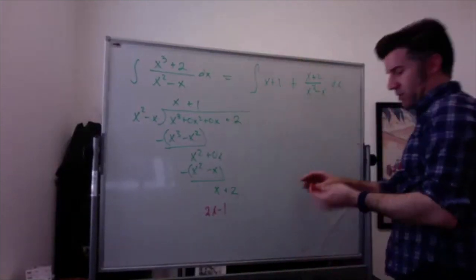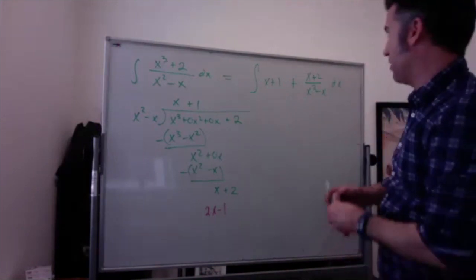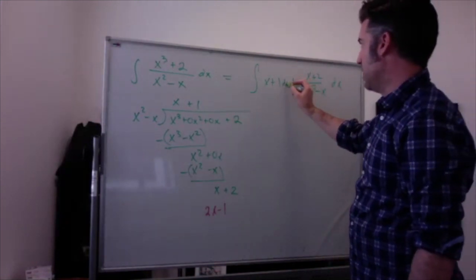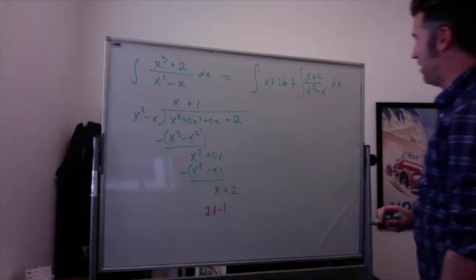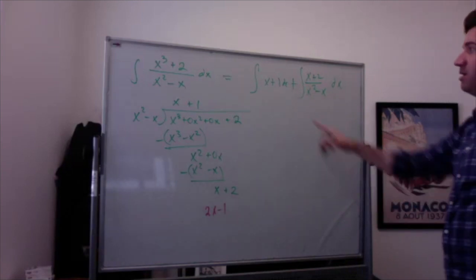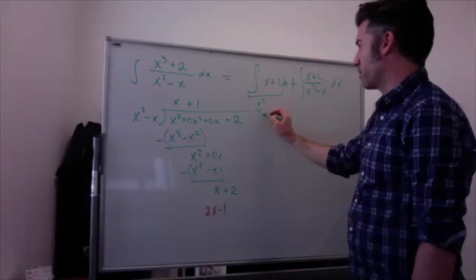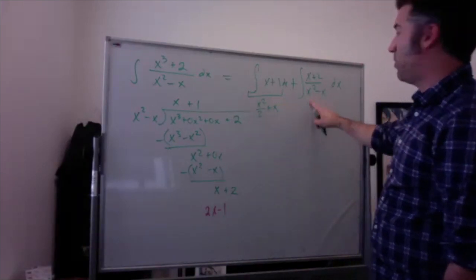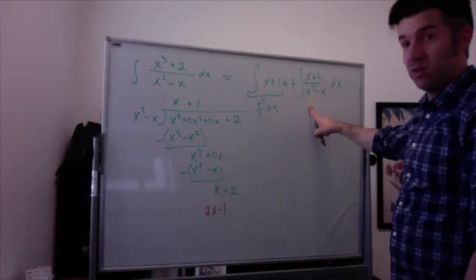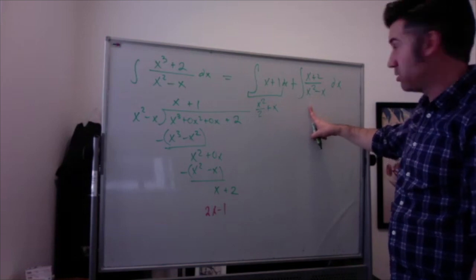So we've got the integral of x plus 1 dx plus the integral of x plus 2 over x squared minus x. This part's easy: it's x squared over 2 plus x. This part we have to work on, so we're going to do the partial fraction decomposition.